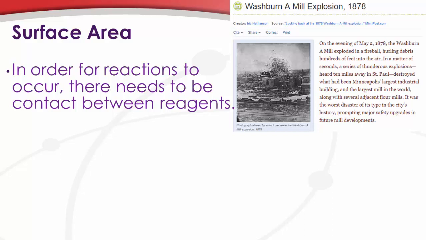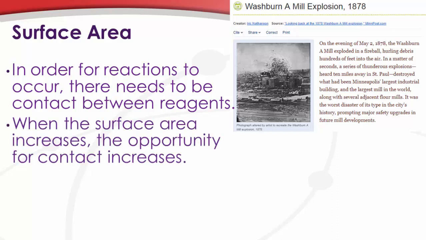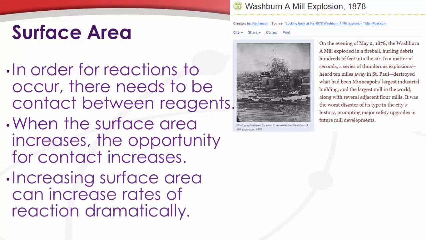So in this case, there was much greater opportunity for the flour to be in proximity to the oxygen that was needed to make it explode. When we increase the surface area, then the opportunity for contact between reagents increases, and we can see dramatic increases in rates of reaction.